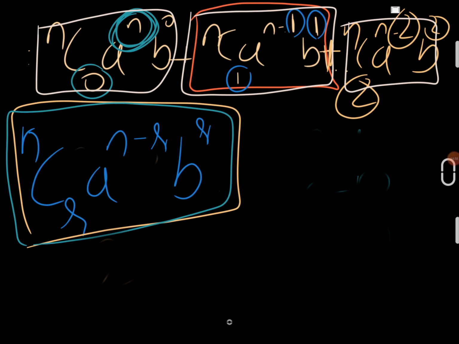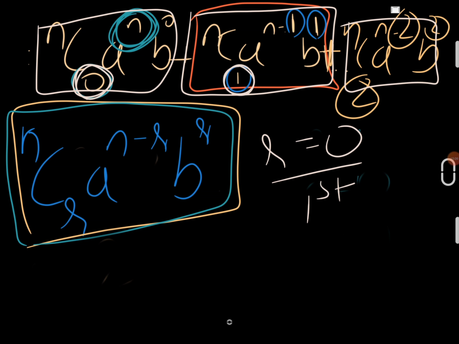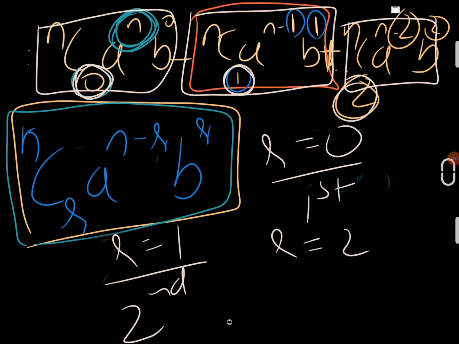In your first term, you see that your r is 0. So when r is equal to 0, you get your first term. Here r is equal to 1, that is the second term. Then here r is equal to 2, so when r is equal to 2, you get your third term, 1, 2, 3.